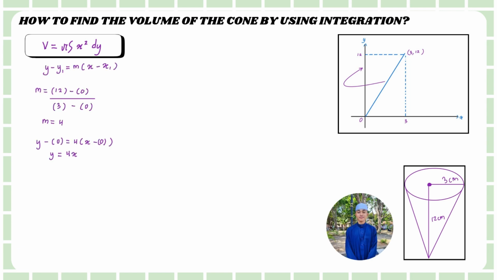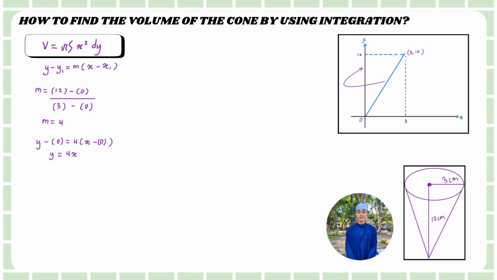Okay, Safi. So, in order to find x squared, we need to find the linear equation from the graph according to the cone. Then, by using the linear equation formula, y2 minus y1 equals m multiplied by x2 minus x1, m equals 12 minus 0 over 3 minus 0.